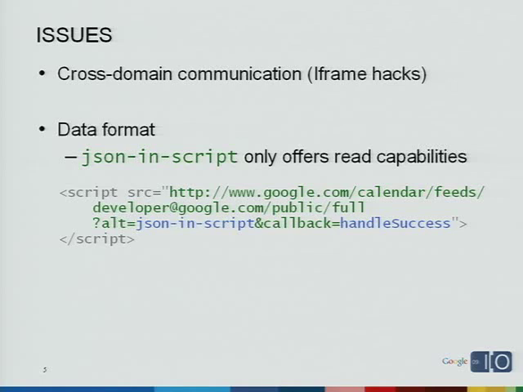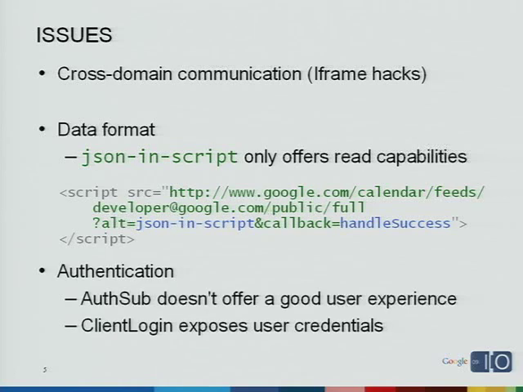This works really well for reading data, but you can't write data back to the servers using this method. Even if there was a good way to write, you'd need a way to do authentication. The Google Data APIs offer auth-sub and they offer client login, but these authentication mechanisms don't offer as great an experience when being used in a gadget environment.